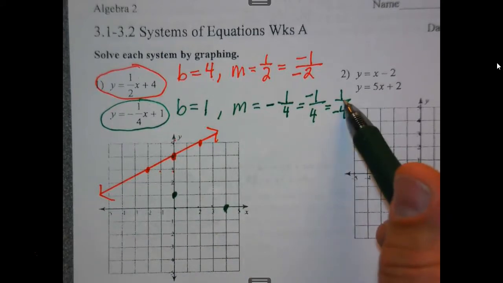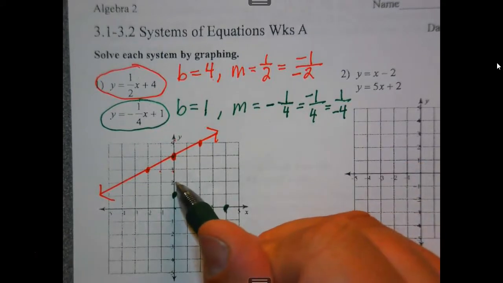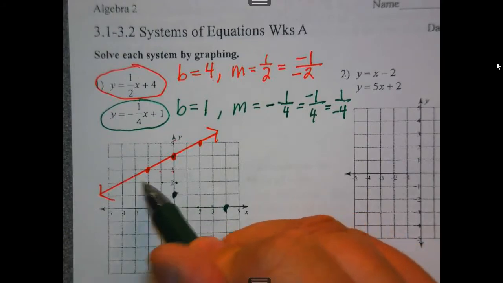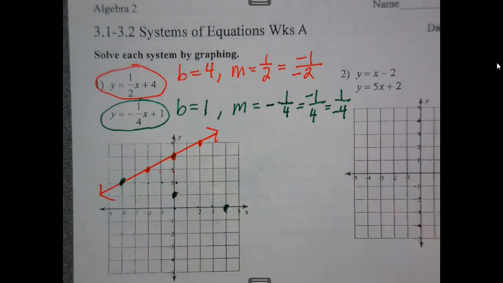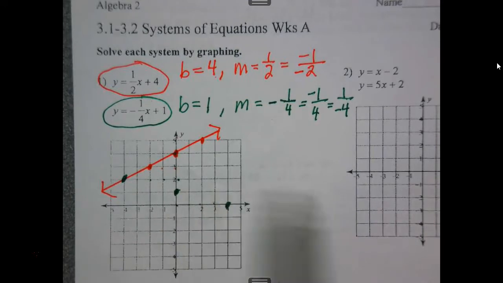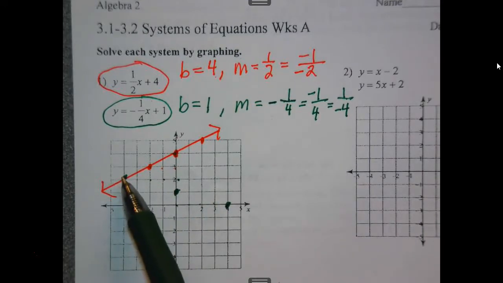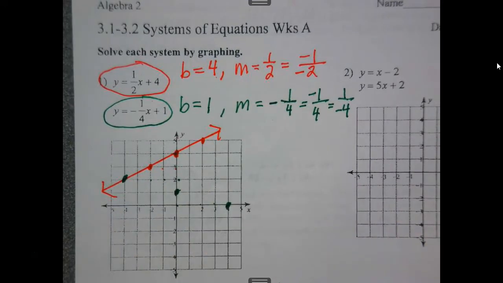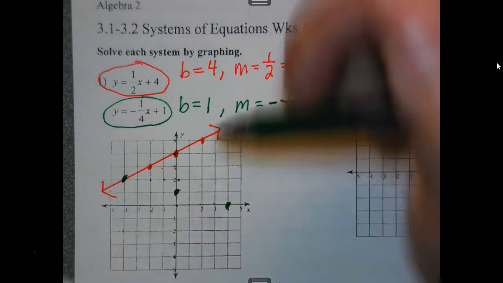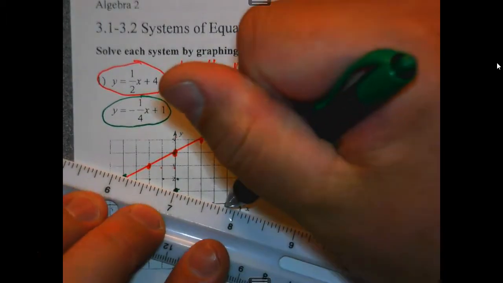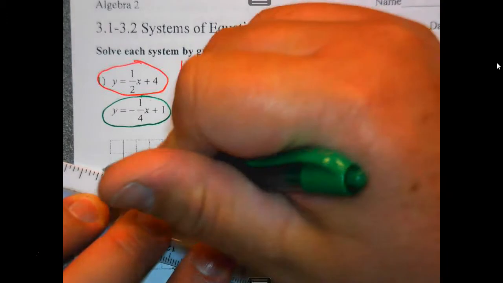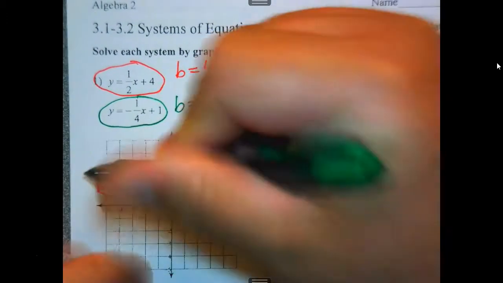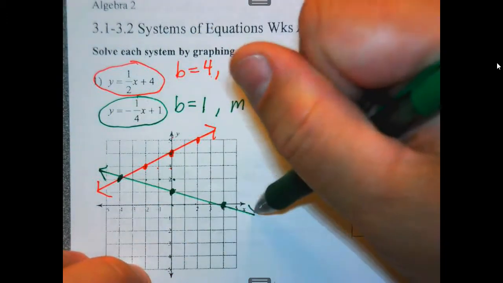If I use 1 over -4, I'm going to go up 1 to the left 4. And lo and behold, it intersects at this point right there. But I'm going to draw a line to make it visual using my straight edge. You need a straight edge, see Brandon.